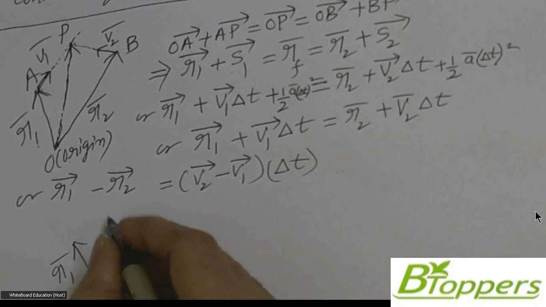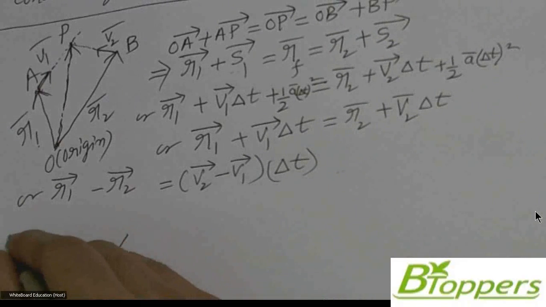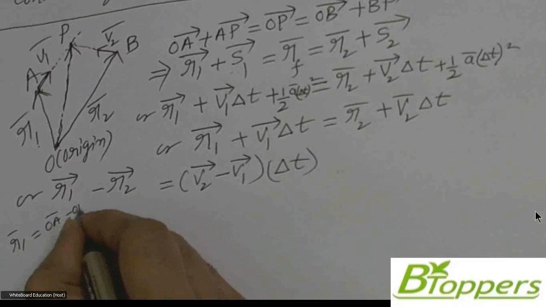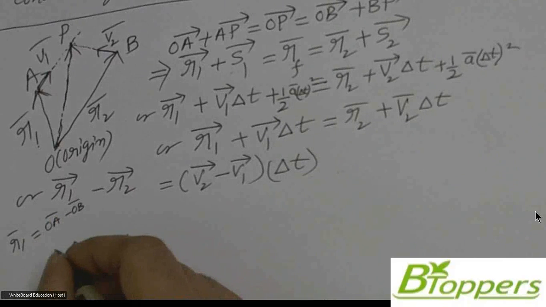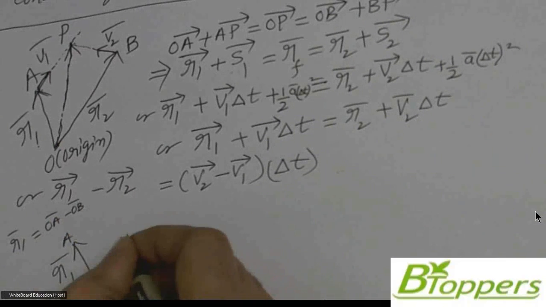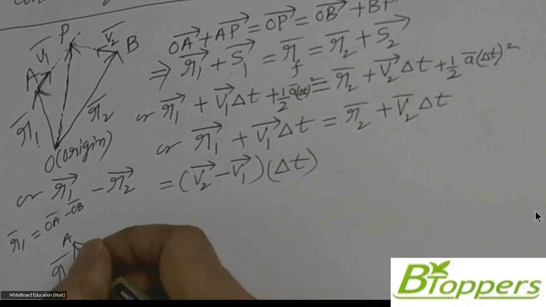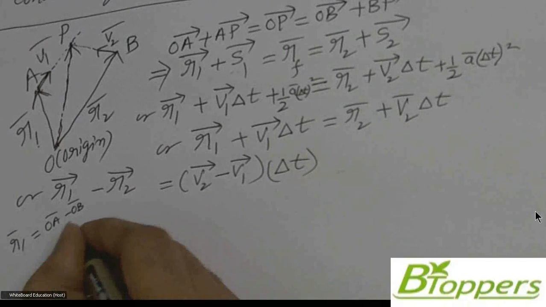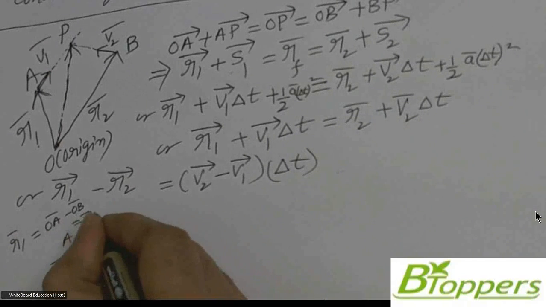R1 bar minus R2 bar can be written as OA bar minus OB bar. That you can write as BA bar.